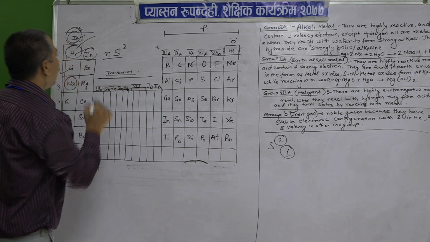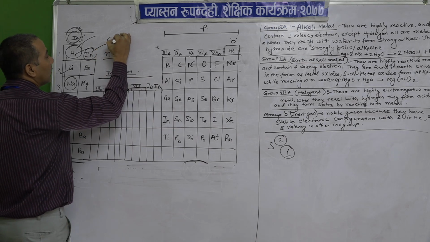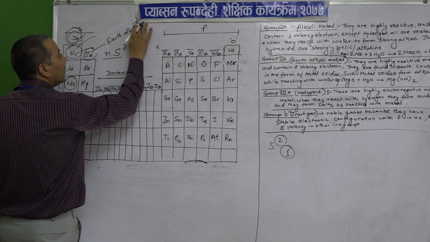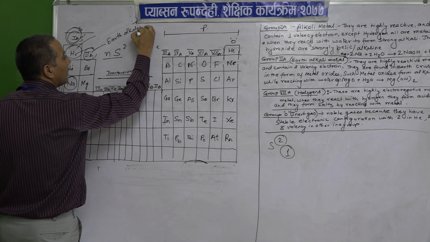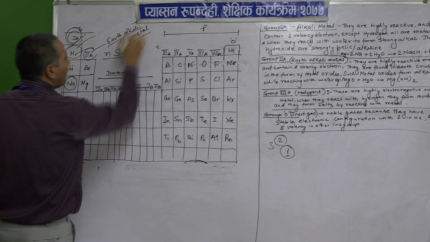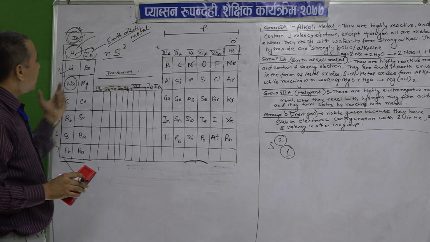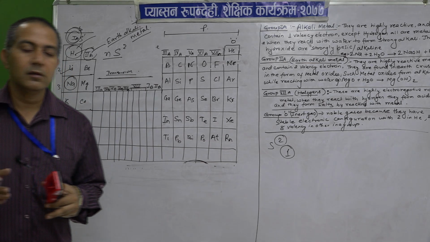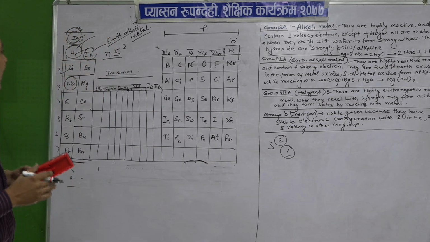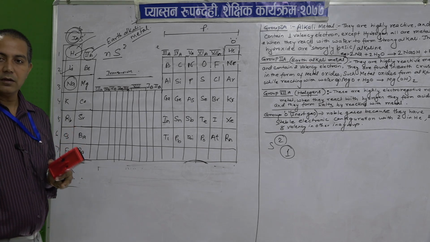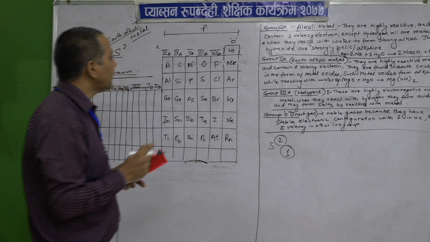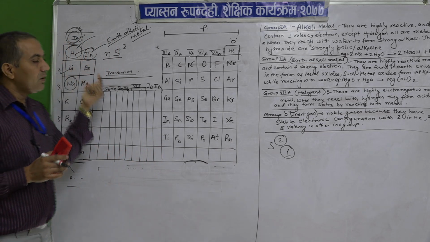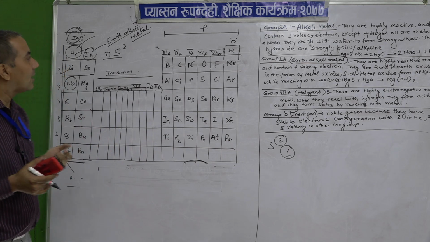Now they are called alkaline earth metals, sorry, alkaline earth metals. So group 2 is a reactive metal group, and the valence shell contains 2 electrons. But it is not called alkaline earth metal just because of knowing this.